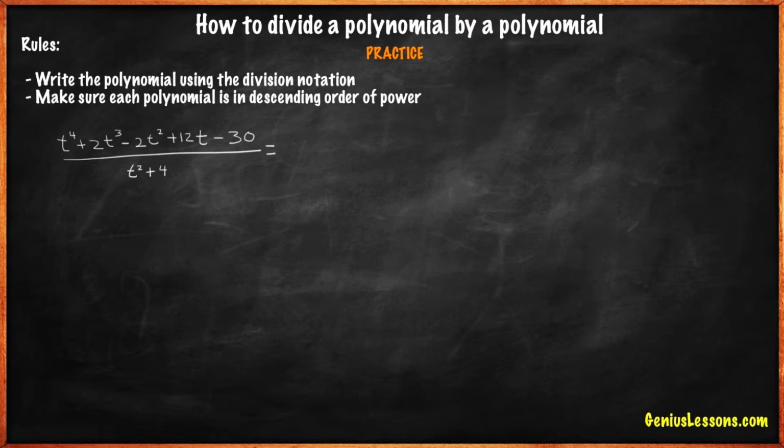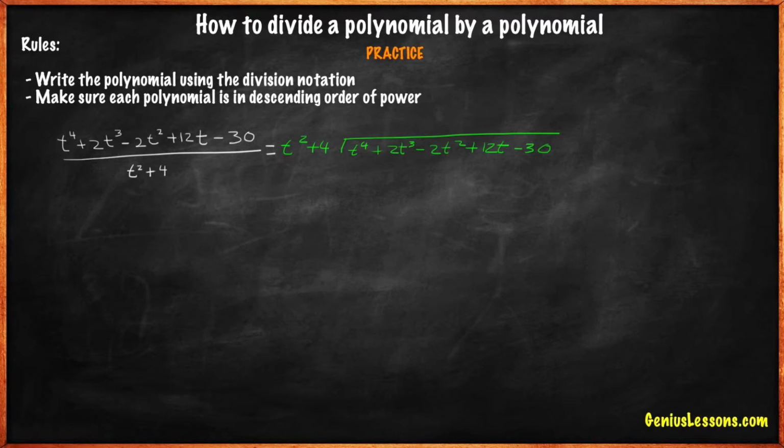Let's write the t squared plus 4 in the outside and t to the fourth power plus 2t cubed minus 2t squared plus 12t minus 30 in the inside. Make sure each polynomial is in a descending order of power. And yes, they are.